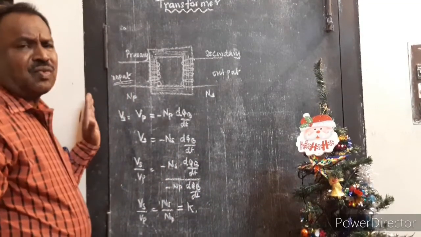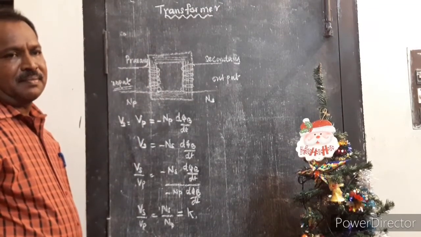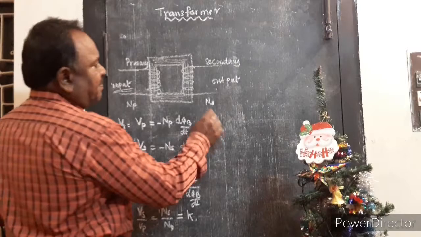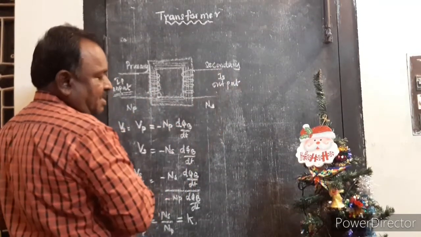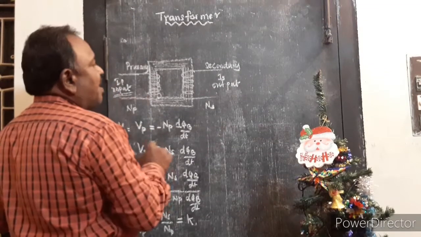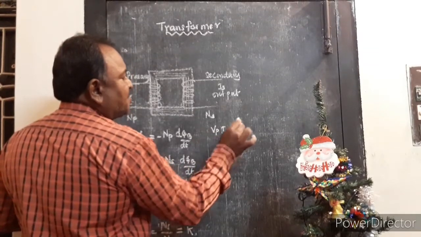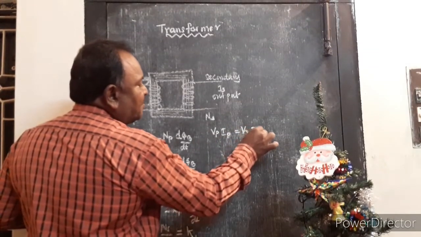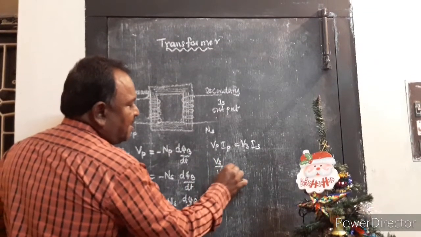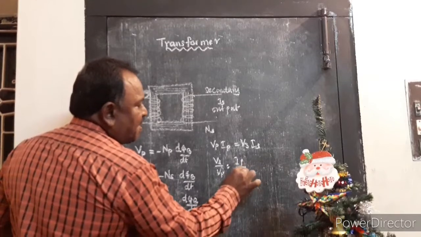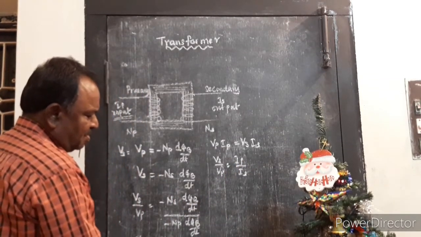For an ideal transformer, the input power is equal to the output power. If Ip is the input current and Is is the output current, then for an ideal transformer Vp Ip = Vs Is, or Vs/Vp = Ip/Is. But we know Vs/Vp = Ns/Np.